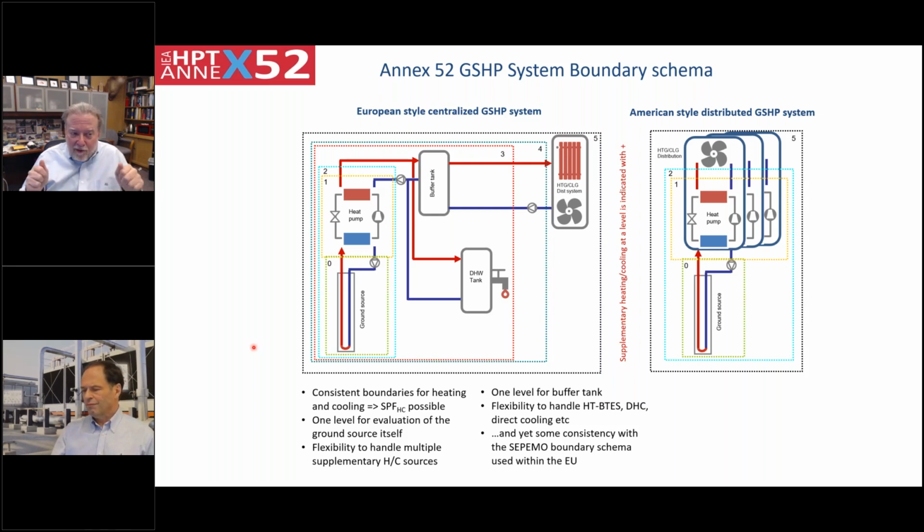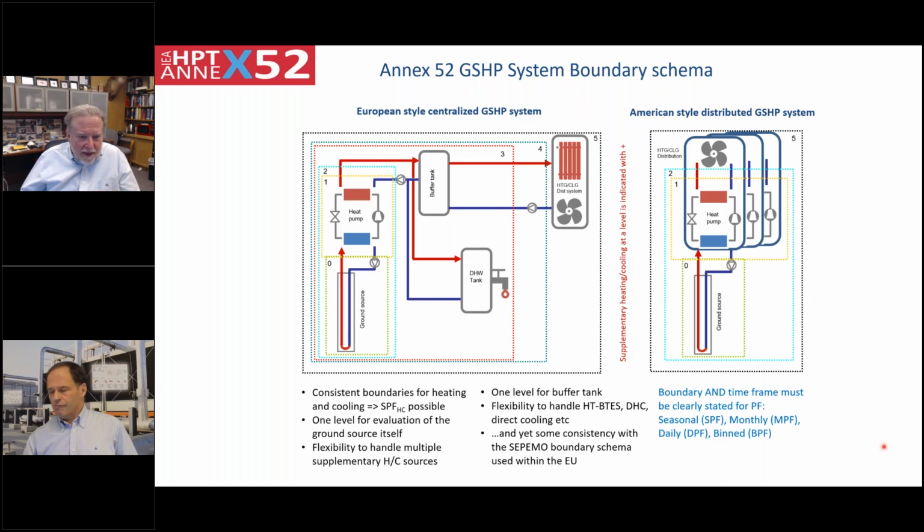If you're looking at going from one boundary to the next, you might be able to tell, oh, our distribution system is using a lot of energy, and that's why the overall system performance is so poor. A lot of thought and international expertise went into developing these boundary schema, so they can be used for different things.